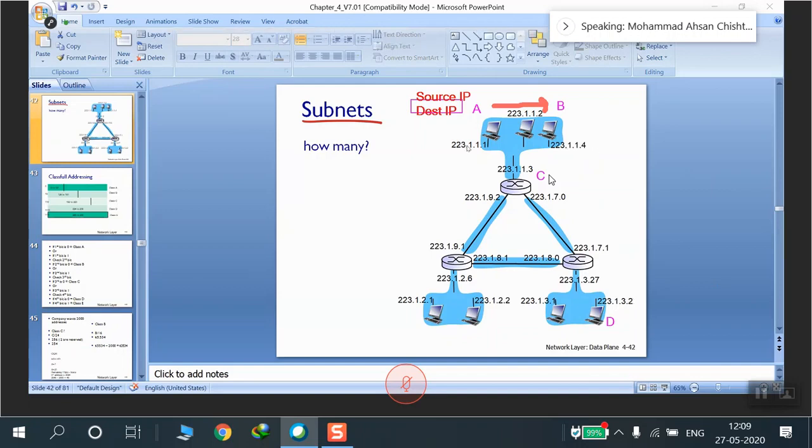And what is the source IP address? 223.1.1, which in both cases mentions that I am sending from this IP address to this IP address, and this IP address belongs to the same network.